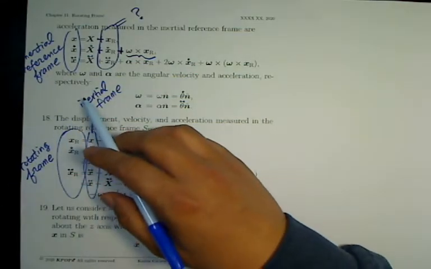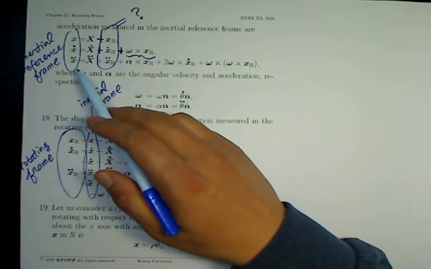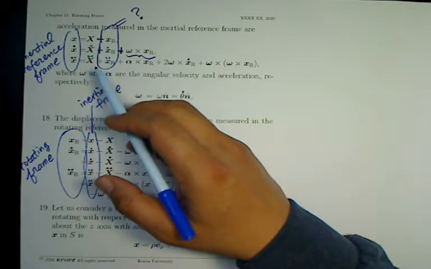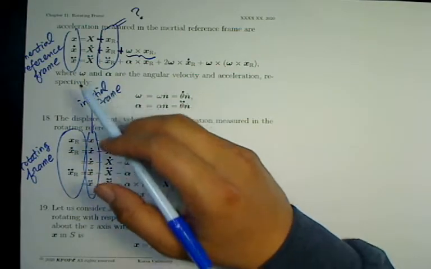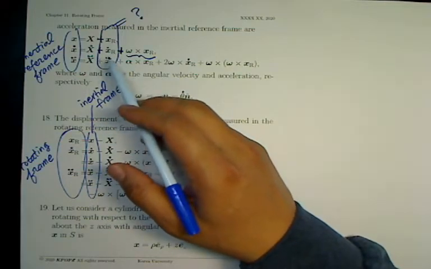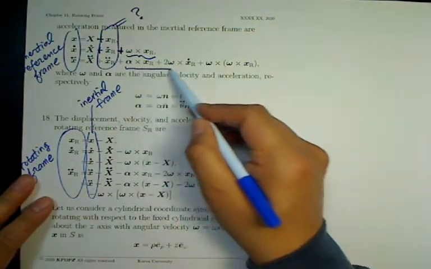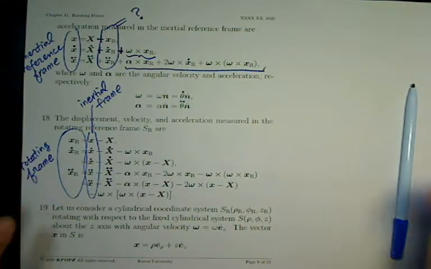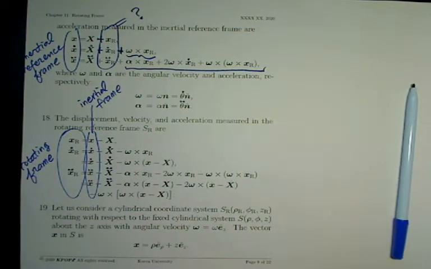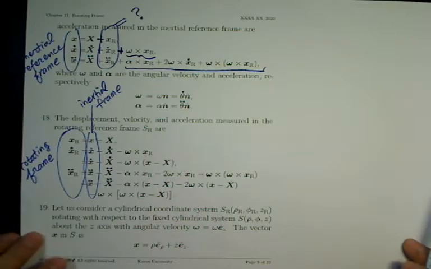And the corresponding acceleration in the inertial reference frame is the acceleration of the origin and the acceleration in the rotating frame, and additional components that appear due to the rotation of the axis. All right.